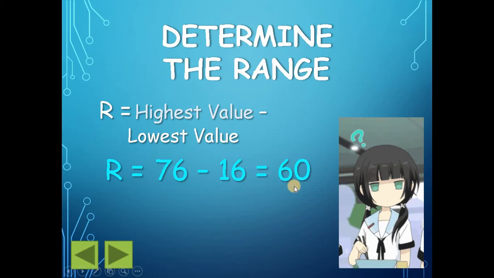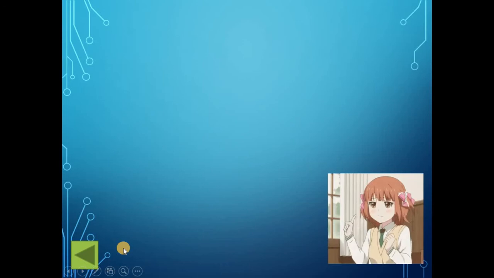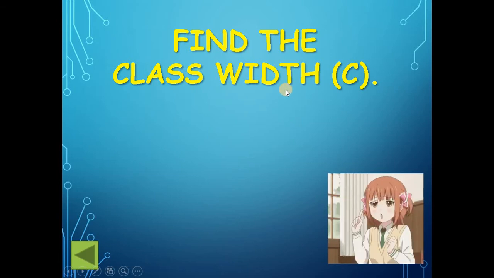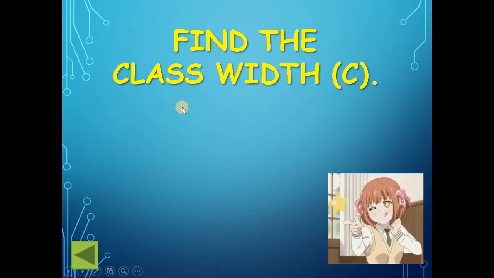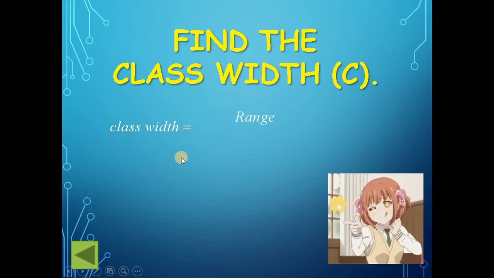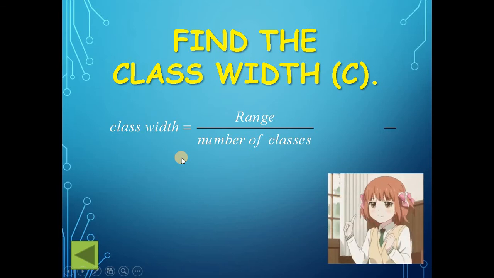So what is this 60 about? This is the range. Okay, so when do we use the range? We use the range in finding the class width, or the C. So the class width formula is equal to the range over the number of classes.